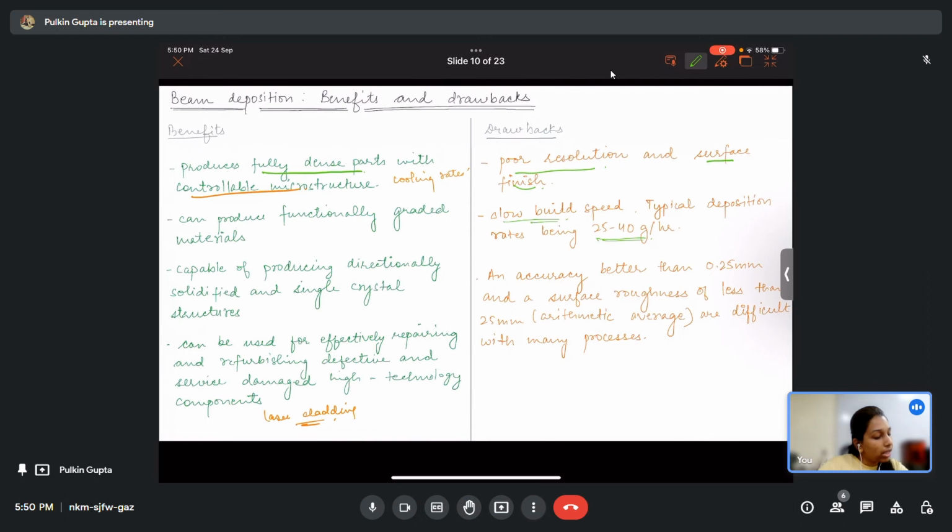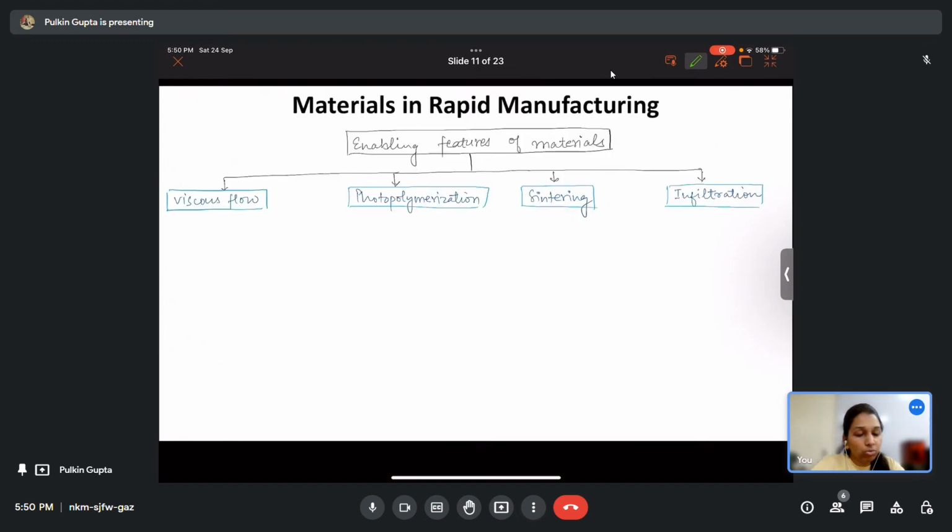And accuracy better than 0.25 mm and surface roughness of less than 25 mm are difficult with many of the processes of beam deposition. So now let us move to the materials in rapid manufacturing.